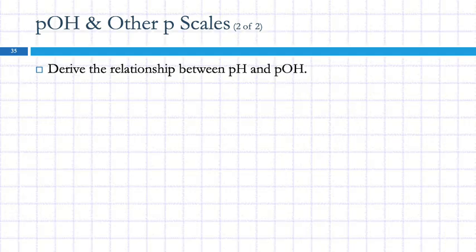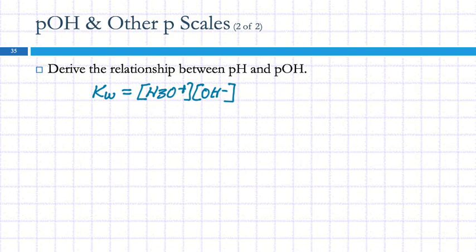Derive the relationship between pH and pOH. Well, we know that Kw is equal to the hydronium ion concentration times the hydroxide ion concentration.